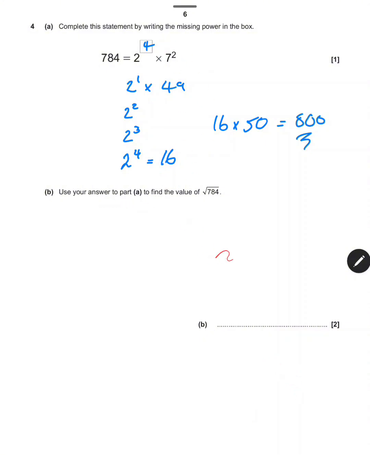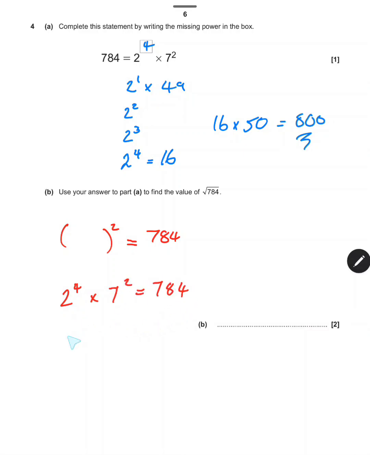Part B says use this answer to find the square root of 784. So we're looking for something squared to be 784, so we can work out the square root of 784. Well, we know that 2 to the power of 4 times 7 squared is 784.